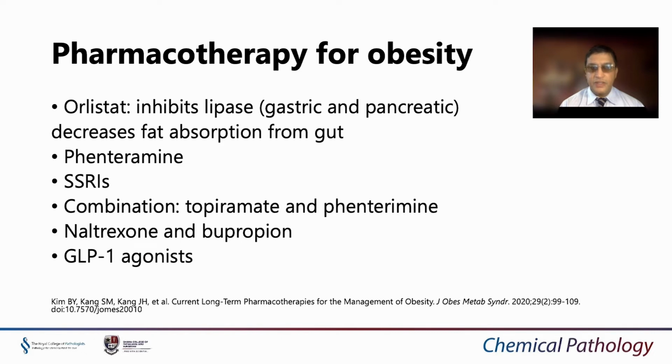Pharmacotherapeutic options are varied with different types of drugs on the market and approved for anti-obesity. The mechanisms of the drugs are variable. I've listed some of these drugs on this slide, and we will take a closer look at other drugs in the following slides.